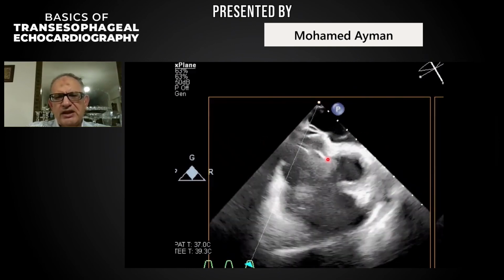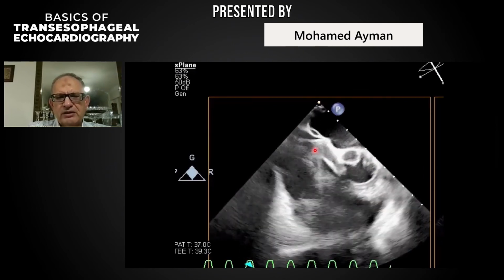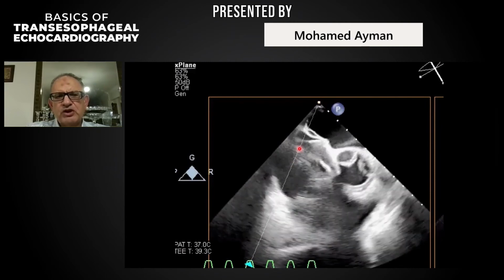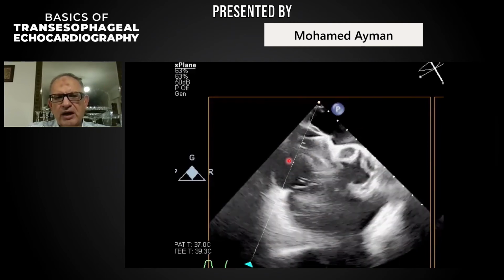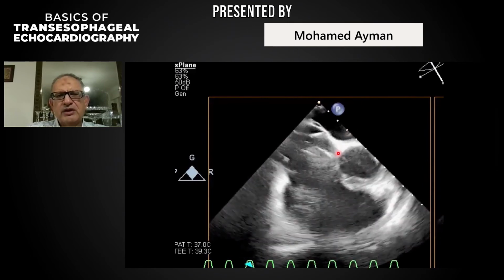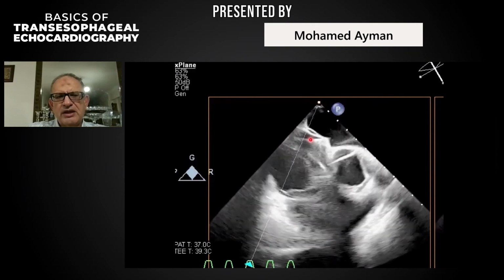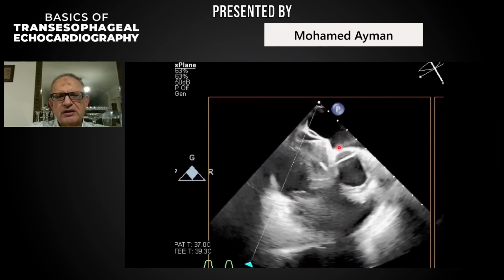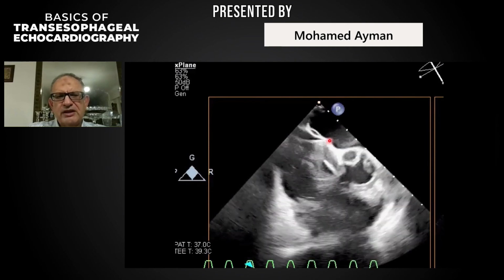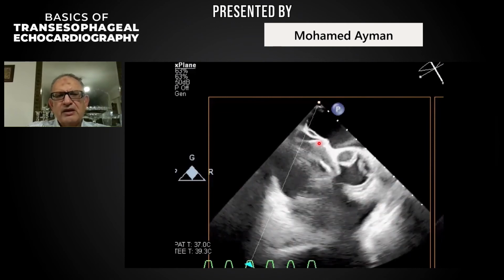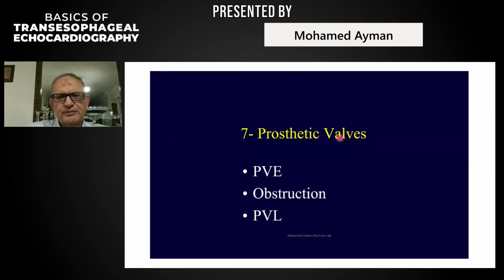So the TEE here in the cath lab helps the interventionist with proper positioning of the transseptal needle to avoid harmful complications during this procedure. So we have here, this is the needle, and this is the interatrial septum, and this is the tenting where the needle is piercing the interatrial septum.